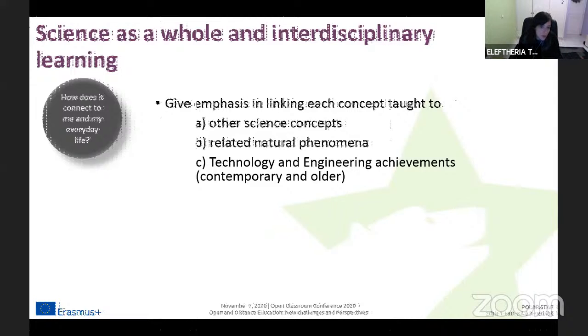Science concepts and science ideas are deployed by engineers, and they're used in engineering to solve problems. And we make use of these concepts and phenomena also to produce technological achievements. So we want to link each concept to other concepts, natural phenomena, but also to technology and engineering achievements.